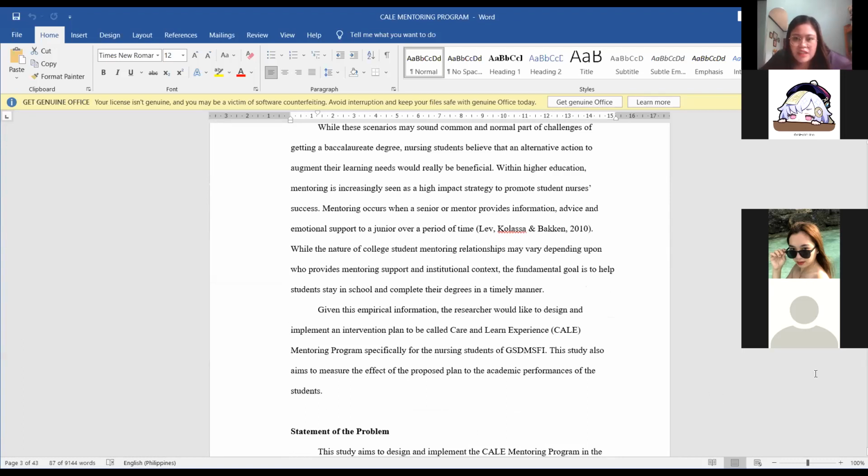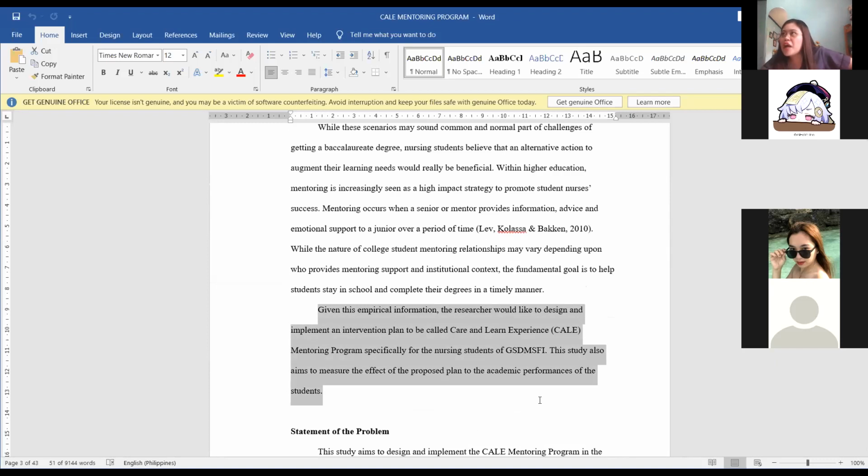So at the end of the introduction, gi-state na ko ang objectives sa study. So since naa may mga background ang introduction kasi should give background information of the problem. So naaman dito nakabutang sa taas na mao ni ang problem sa mga estudyante, they have problem with their academic performance.